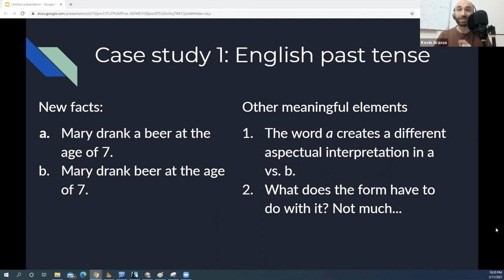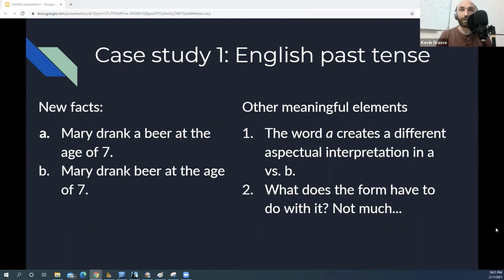Some languages just lack indefinite articles, and so the point is that the bare singular is just not the same thing as the indefinite article, as it isn't here, right? A means something important, and here it affects the aspectual interpretation.